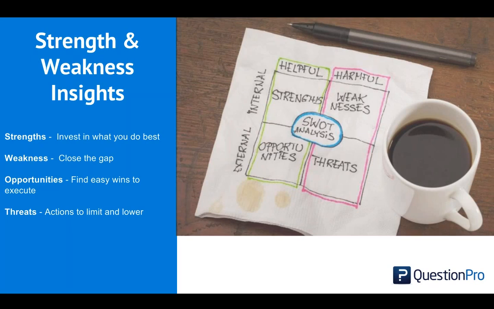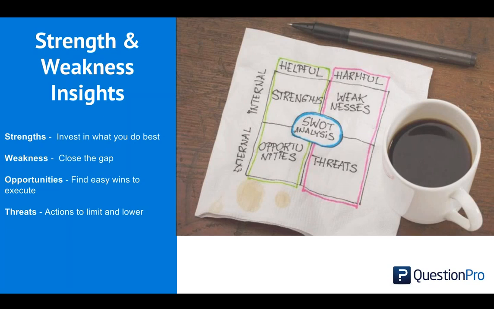So the next section we wanted to take a look at is strengths and weakness insights. Not only are you looking at things in time, but you also want to find out the areas that you're doing really well. A friend of mine told me that instead of doing a New Year's resolution and fixing all the things that are bad about you, why don't we do a resolution on improving the things that we know we're awesome at and make those even better.